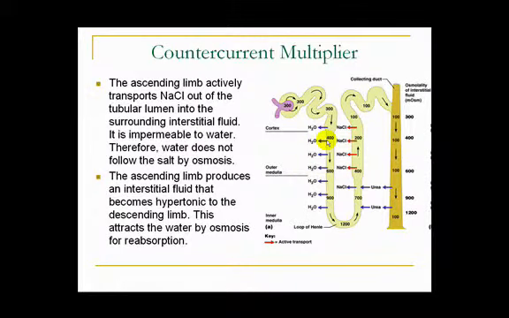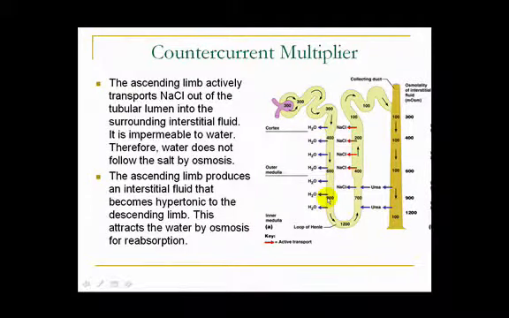So water is going to move from where it's a higher concentration to its lower concentration. So water will start to move out, because it's in a lower concentration as the interstitial fluid gets more concentrated as you get down into the medulla. Okay, so does that make sense?